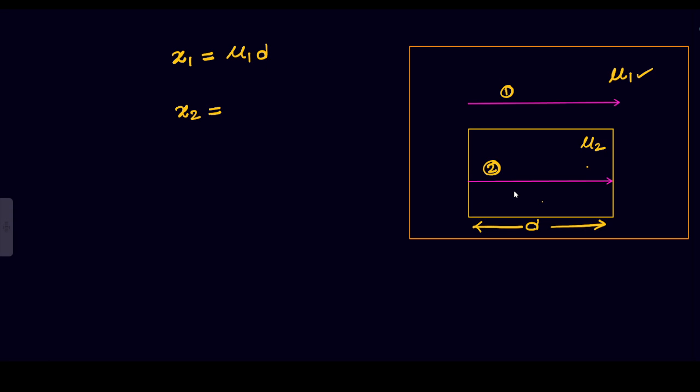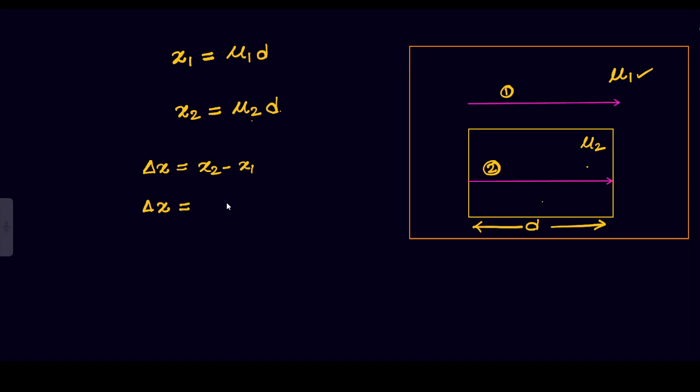So in this case we write it as mu2, and the optical path becomes mu2 into d. Now we need the optical path difference, delta x, given as x2 minus x1.